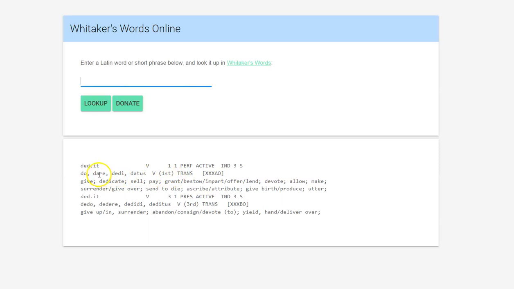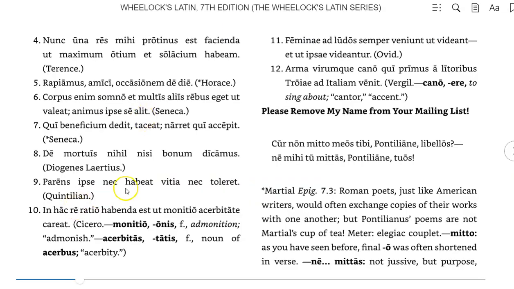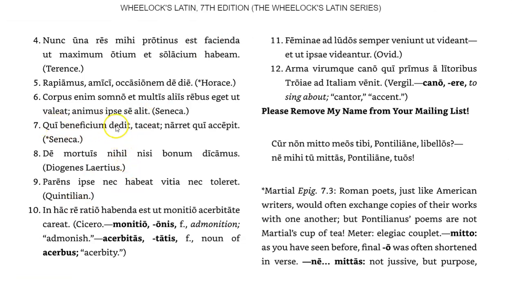You can see do, dare, dedi, datum is first conjugation. So we're going to need the letter E, because we fear a liar indicates that it is in the subjunctive. If it were in the subjunctive, but in this case, it isn't. So whoever gives a gift, let him be quiet.